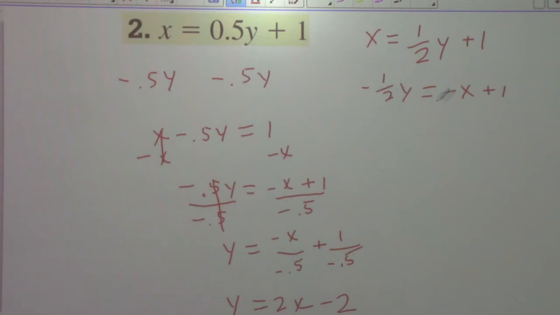Do you see that this is the same thing as this? Then what can we do to this? Multiply by negative 2. So we multiply the left side and the right side, the whole equation, by negative 2. What do we have? y equals, what's negative 2 times negative x? 2x, right?